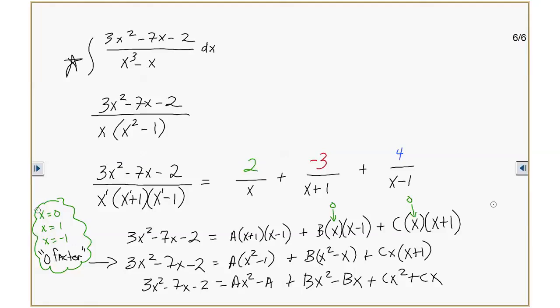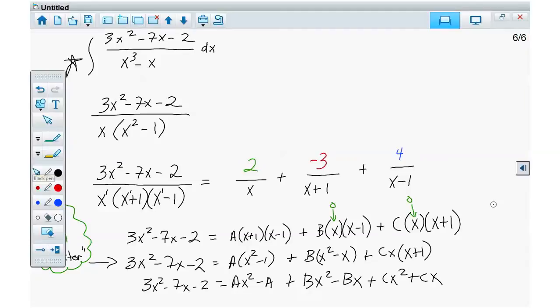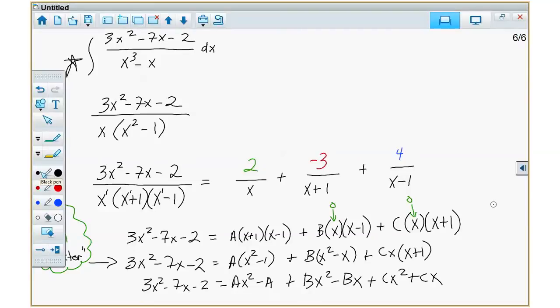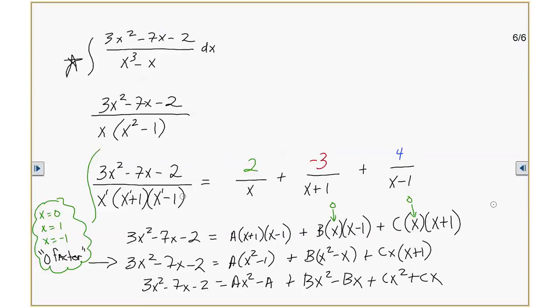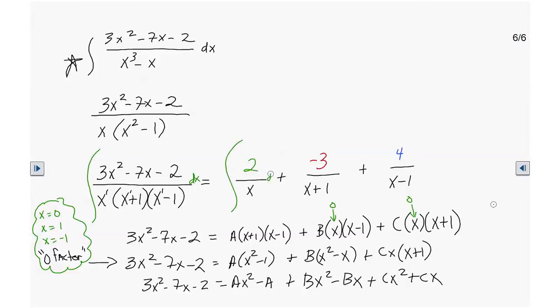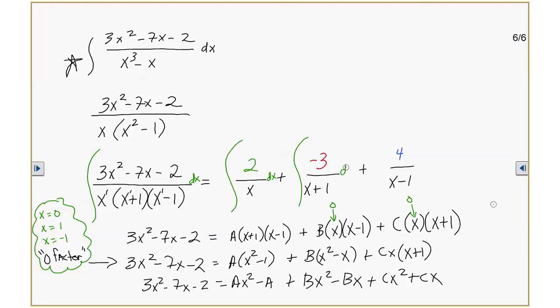And that's going to give you, now that we've done all the algebra, what do you do? You bring down the antiderivative, and then you break up what? And take those antiderivatives. Well, what's it going to be?